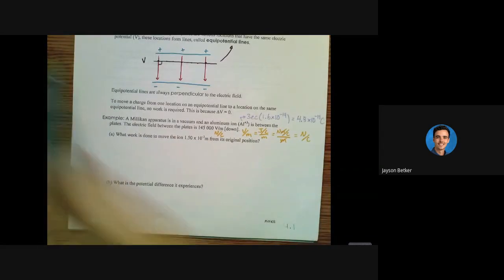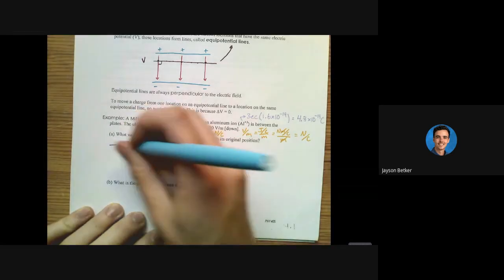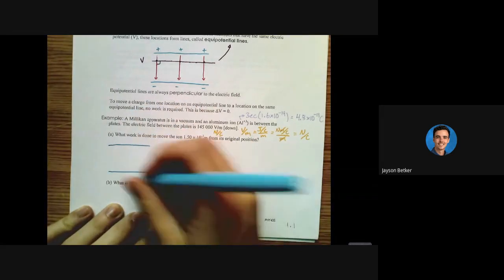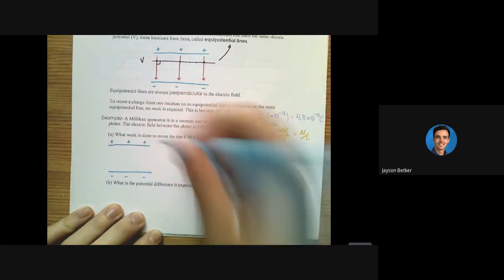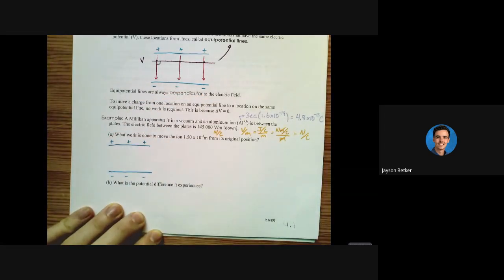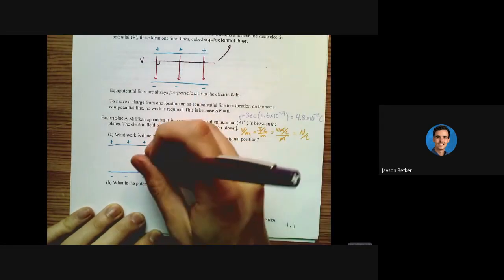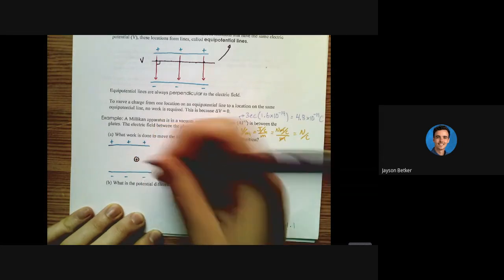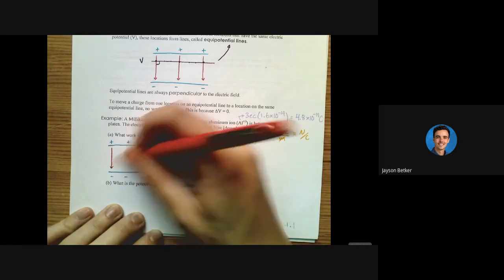So let's draw parallel plates. What work is done to move that ion 1.5 times 10 to the negative 3 meters from its original position? So here's some parallel plates. Negative on the bottom, generally, positive on the top. You can do either. The one thing that's really key here is that this aluminum has a positive charge. So we have an electric field that always goes from the positive to the negative.